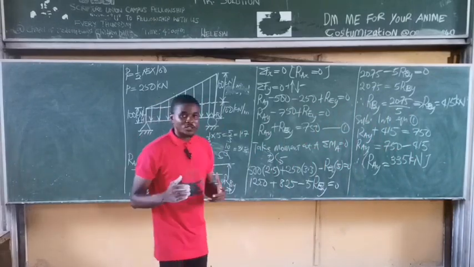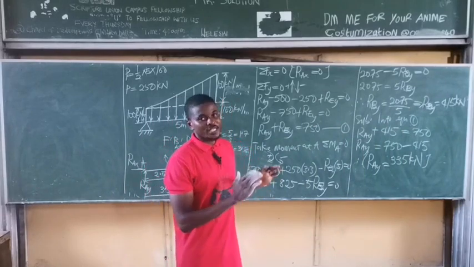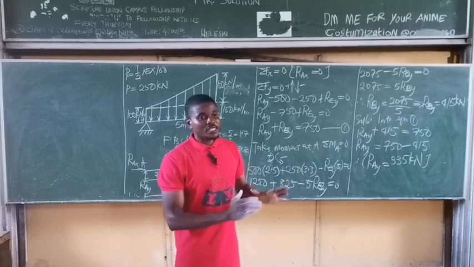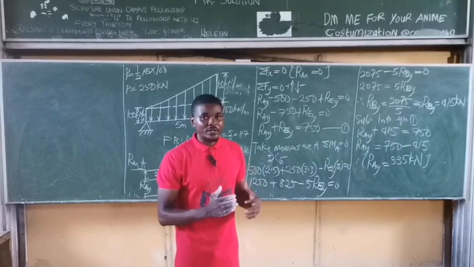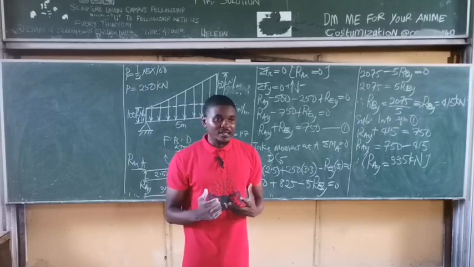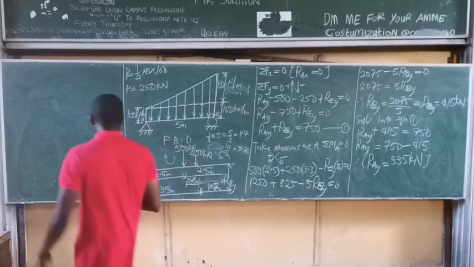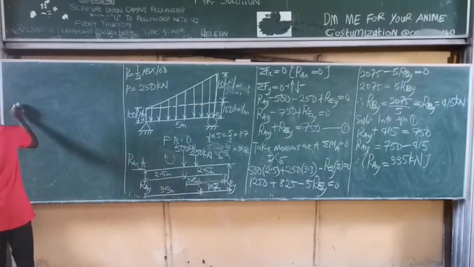Now, having known these reactions, all we need to do is put the reactions back into the original beam. Since you have UVL and UDL, put it back into the original beam, then we can start the shear force and bending moment analysis. It's a very simple thing. Okay, let's try it and see. So the original beam is simply this.